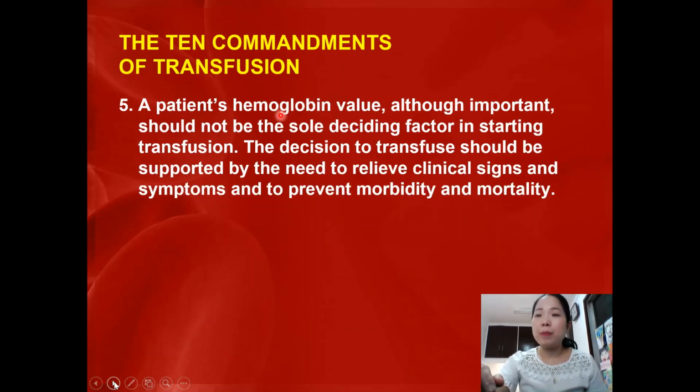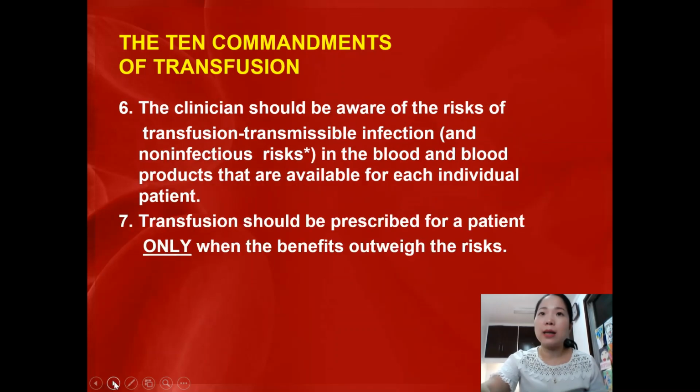Again, the patient's hemoglobin level is just another factor. You look at the clinical signs and symptoms of your patient. The clinician should be aware of the risk of transfusion-transmissible infection in the blood and blood products that are available for each individual.